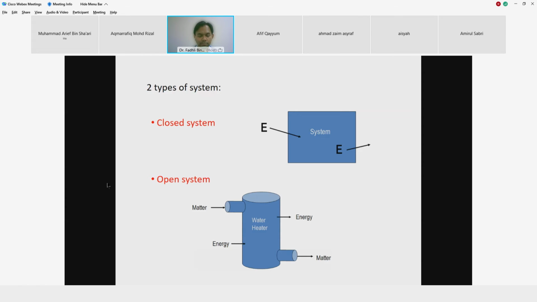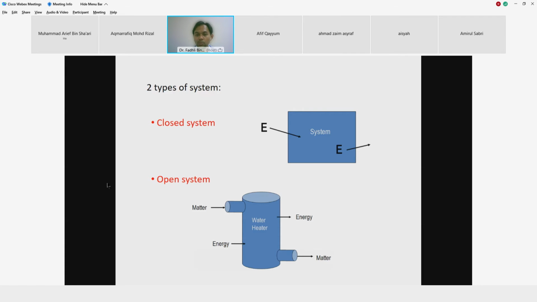For closed system, energy can be transferred in and out. Closed system doesn't have any door. In our common life, we can say door, right?